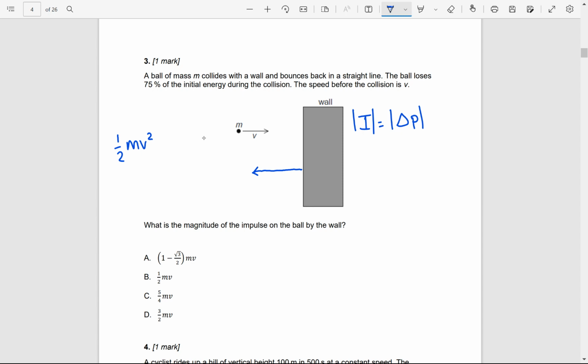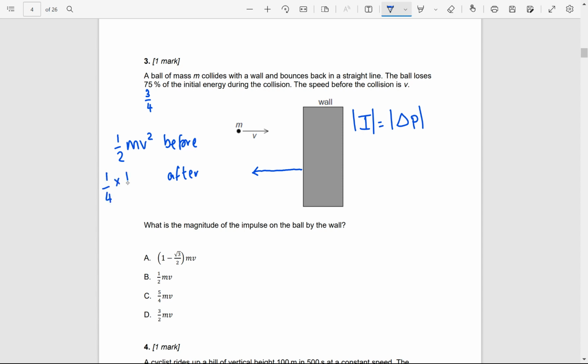So if m is m and v is v, then beforehand the kinetic energy is half mv squared. Now afterwards, it has lost 3/4 of it. As we have the half in a fraction, I'm going to put this into a fraction. So it's lost 3/4. In other words, a quarter remains.